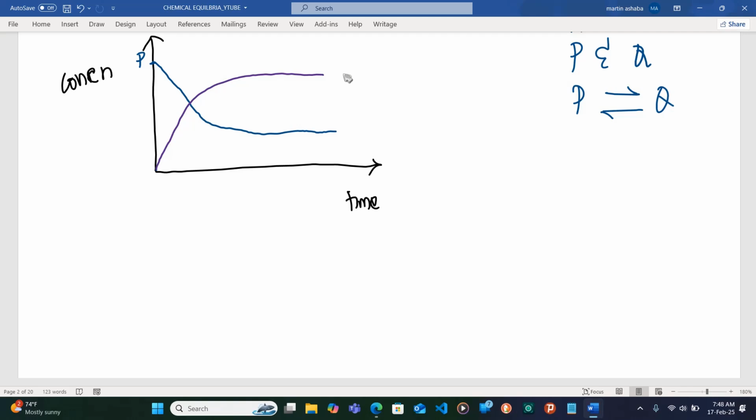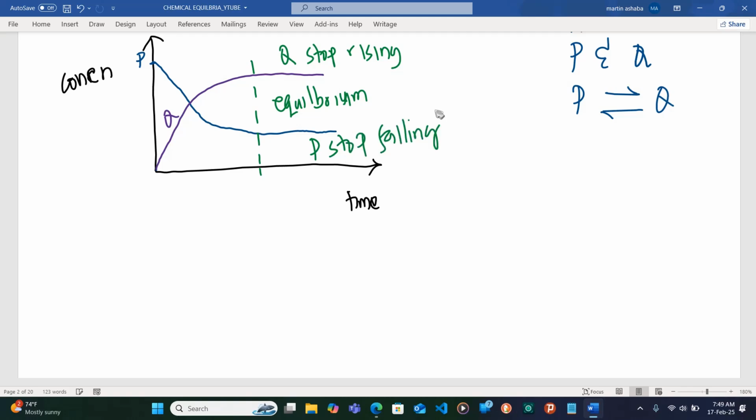This is Q, an increase, and then you reach a steady state. Then you also have a reduction in the reactants, and then you also reach a steady state. So here, this represents equilibrium, and here Q will stop rising and P will stop falling. That's what we have to understand in this graph.